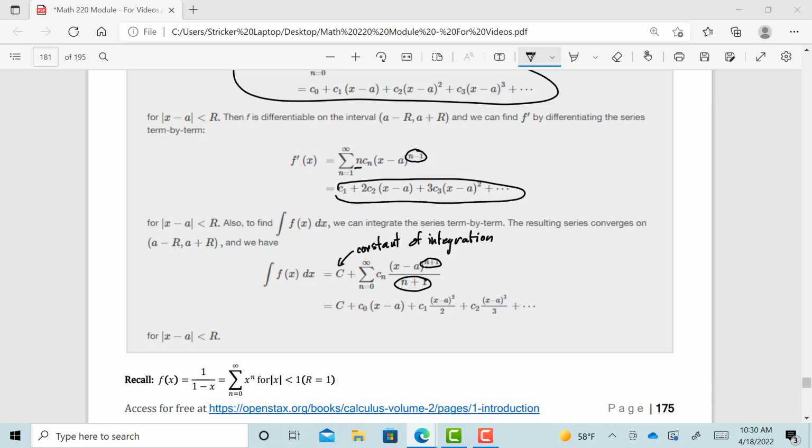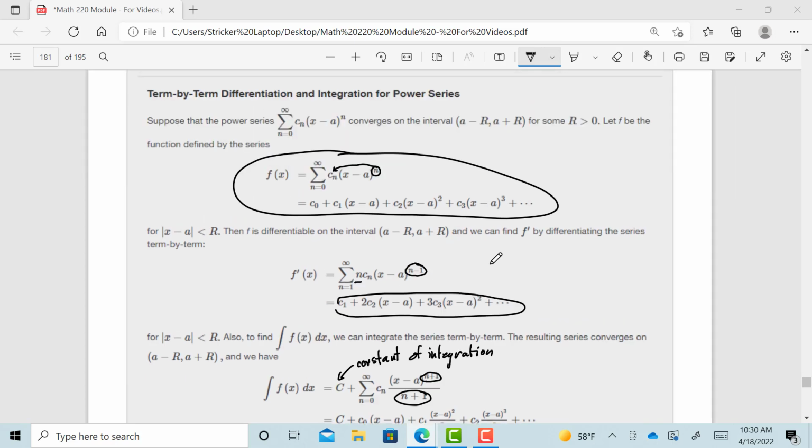Now, going back up to the original series we had, notice that our radius of convergence is r.